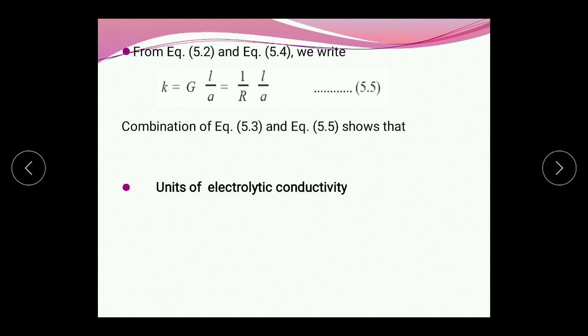So, all these equations, if we combine, then we can easily say that K will be opposite to that of resistivity. Then K will be equal to 1 upon rho. Rho is resistivity. So conductivity and resistivity are exactly opposite. Like conductance and resistance, we said that G is equal to 1 upon R, or resistance is opposite to that of conductance.